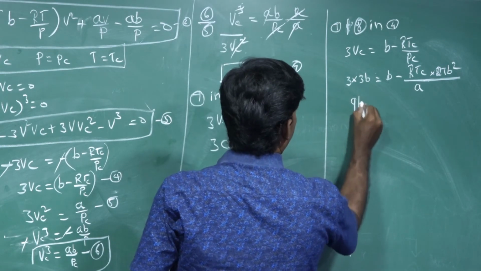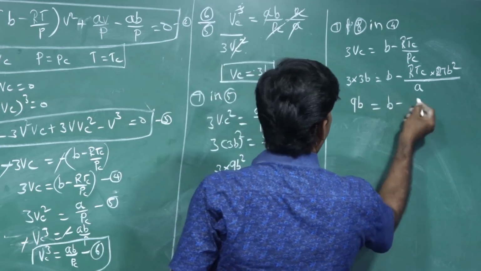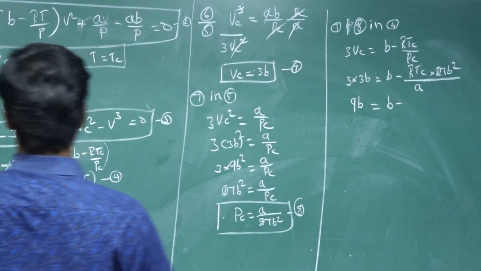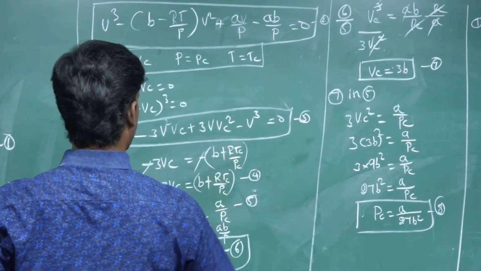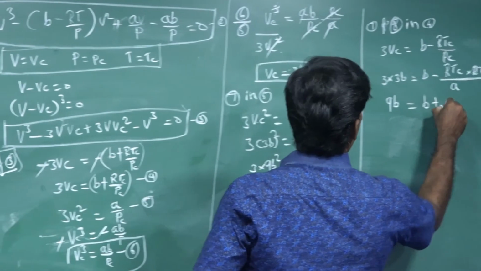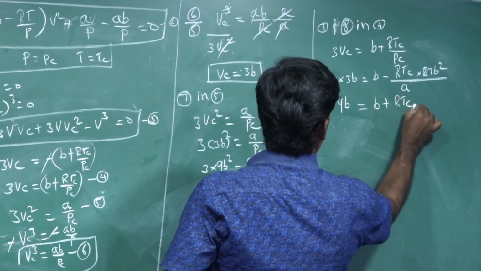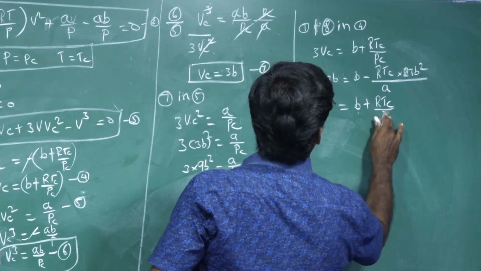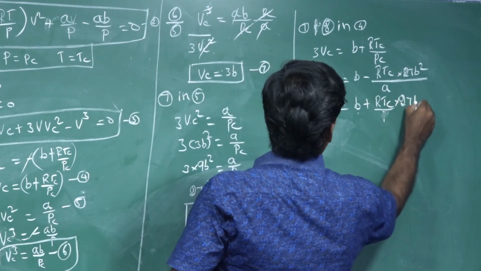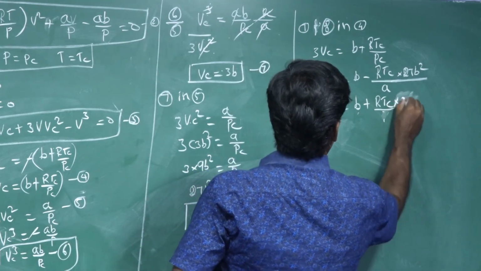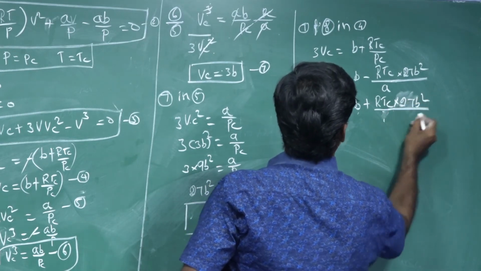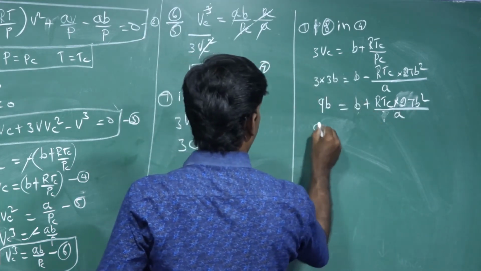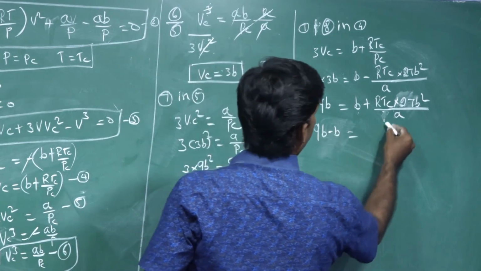Now what happens: 9B equal to B plus, already the outside minus becomes plus, RTc into 27B squared divided by A. Here 9B minus B, any cancellations possible?